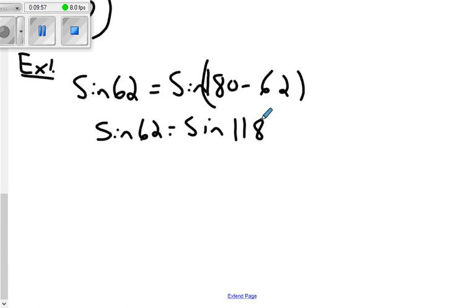So you just got to go sine 62. You're just finding, yeah, don't overthink it. So you know that sine 62 would just be 0.8829. And sine 118 would be the exact same thing.